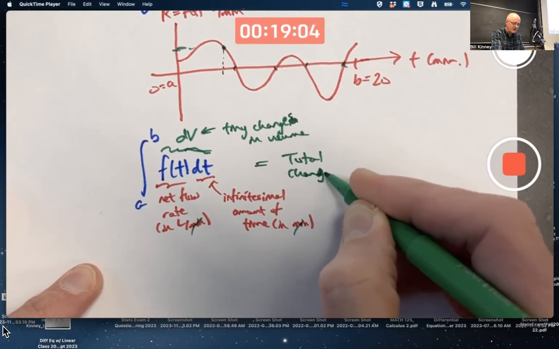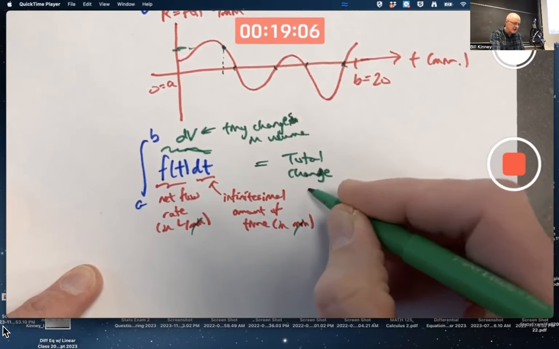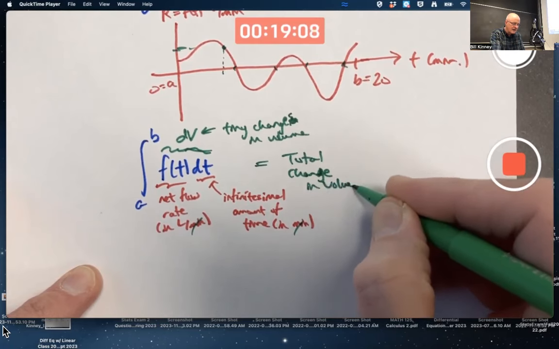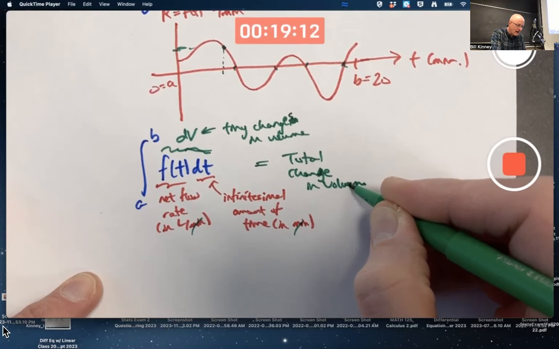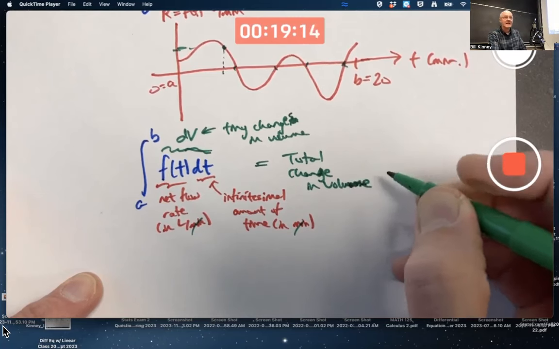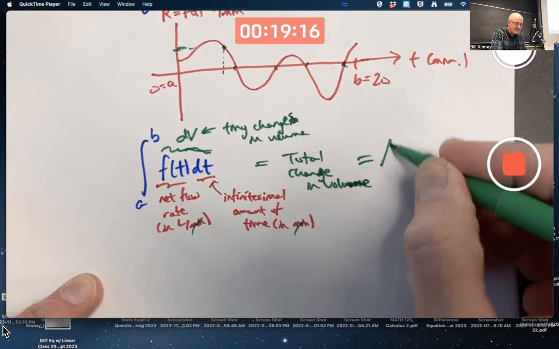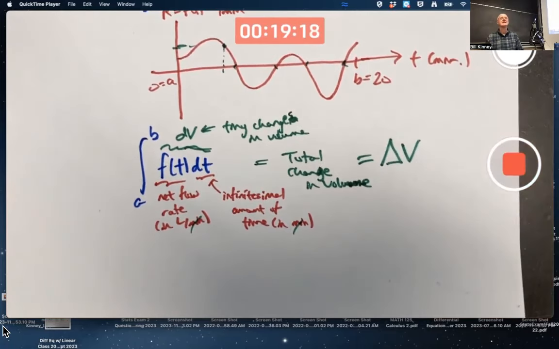I can't spell the word change today for some reason. Change in volume. Symbolically, I can't spell the word volume. I'm too excited. Symbolically, you could write delta V instead of dV, right? You see in your science textbooks, sometimes they write delta, sometimes they write d. It's like, what in the world is going on?